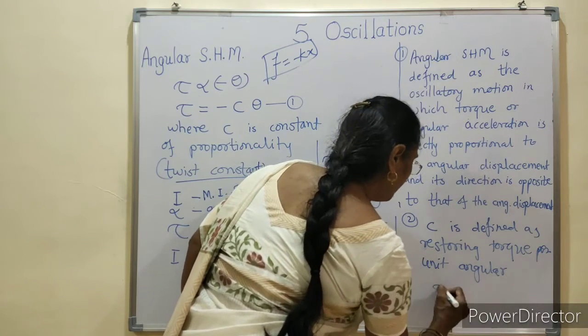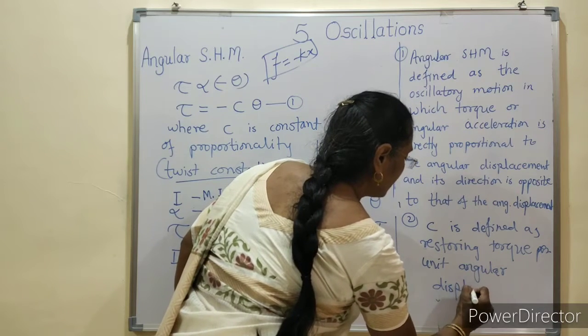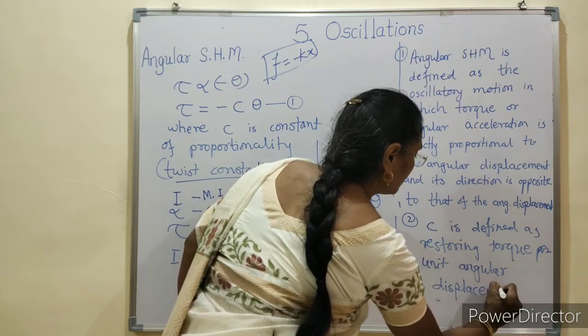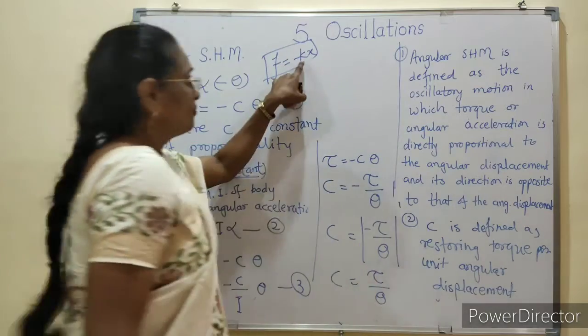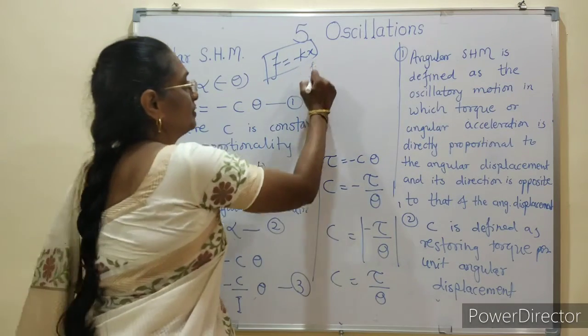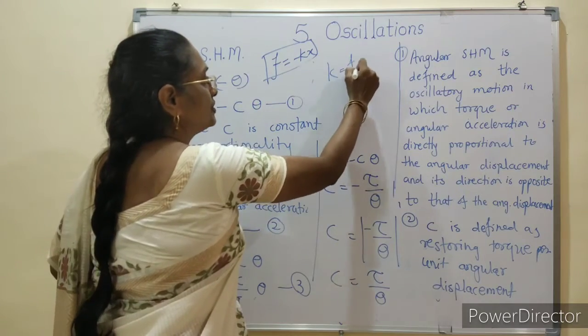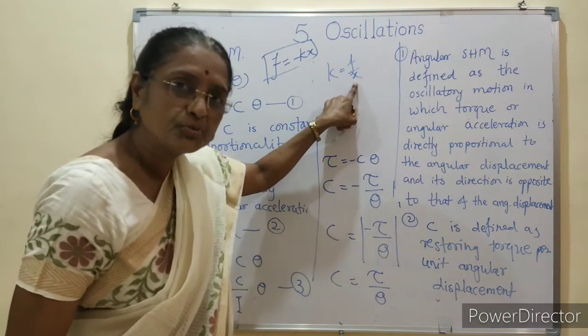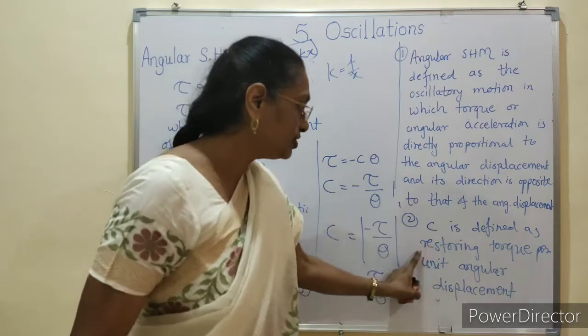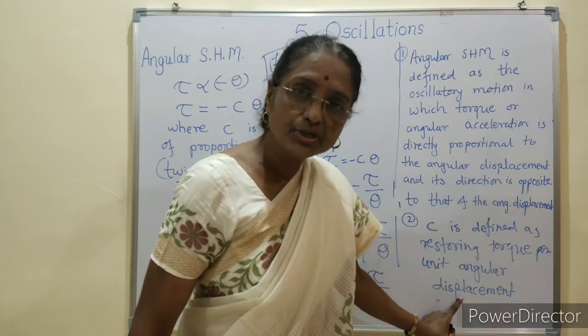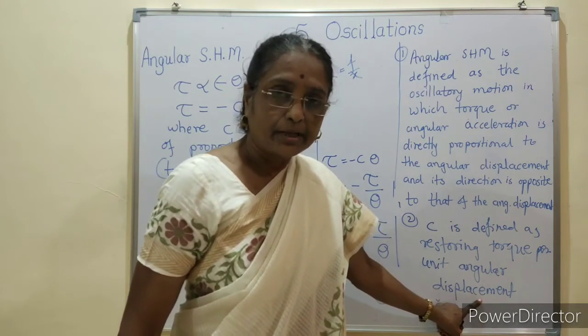The simple definition here for the twist constant, like our force constant k, is equal to, by magnitude, F upon x, that is force per unit displacement. Here it is restoring torque per unit angular displacement.